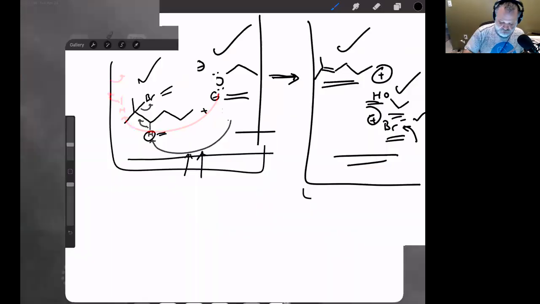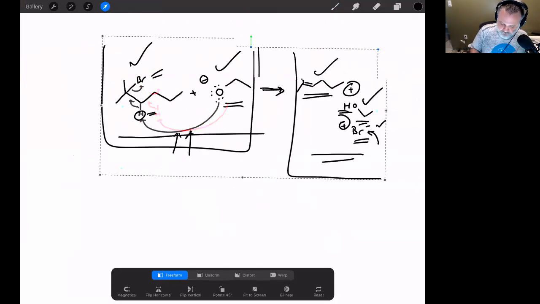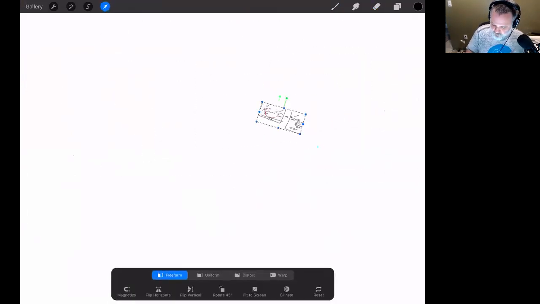Let me switch over to my whiteboard. All right, and so one of the things that I said was that alkyne chemistry is very similar to alkene chemistry, and that certainly is true.